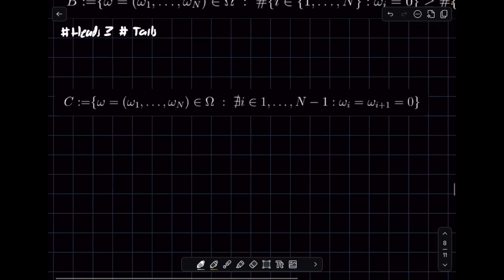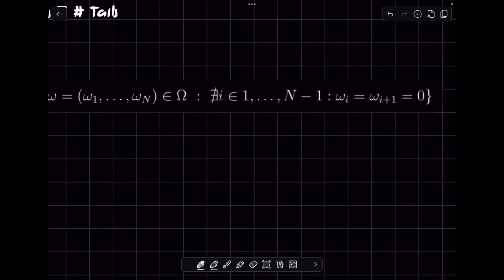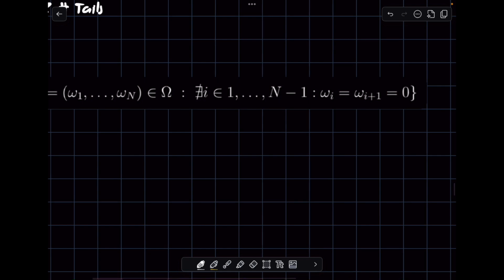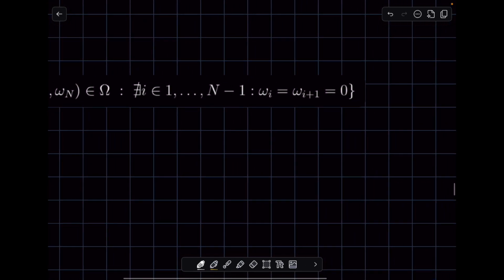And in this case, it's saying the following. Again, same deal here, doesn't matter. And then it states, there exists no index from 1 to n minus 1, for which omega i and omega i plus 1 equals to 0. Meaning, there exists no index for which we get two simultaneous, one after another, heads.